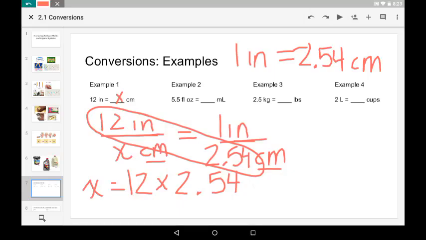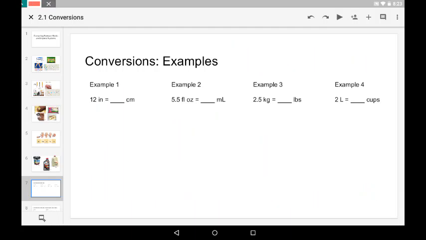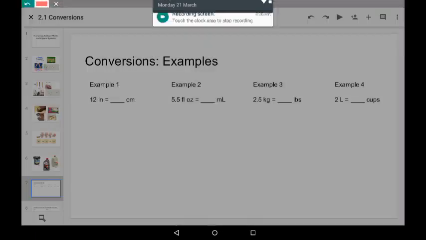If you put that in your calculator, you end up with 30.48 centimeters.